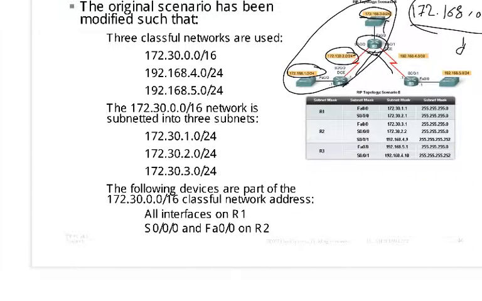Of course, automatic summarization leads to a reduced size for the routing table, because I don't have to have a separate route entry for each destination network anymore. I can have one route entry to indicate multiple subnets, right? Which means the size of the routing table will be reduced, which is a good feature.